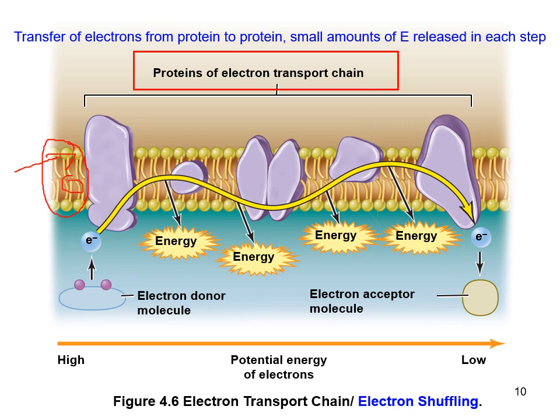So here's your little plasma membrane, and embedded in the plasma membrane you have different proteins that are able to complete what we call an electron transport chain, which is that they can find electron donors, and the molecules will release the electrons, and the electron will funnel from one protein to the next, releasing energy along the way.